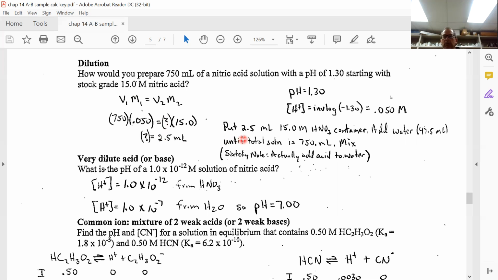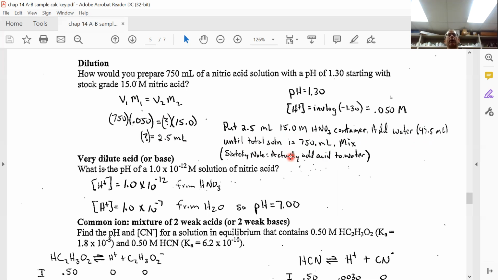So what I would do is pipette 2.5 milliliters of the 15 molar nitric acid, and then add water, ultimately enough to get to 750 milliliters, and mix. Just a safety note: technically, add acid to water.